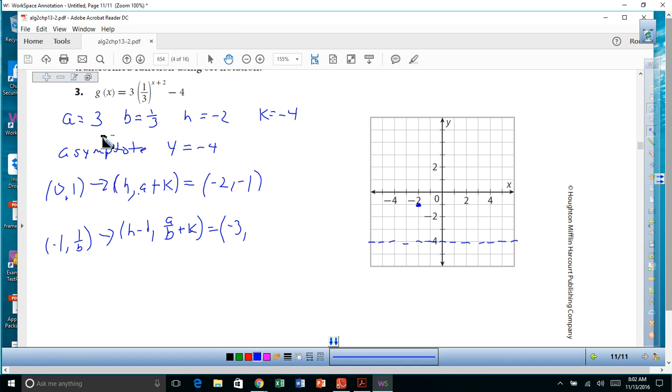And a over b plus k, that's going to be 3 over 1/3 plus -4. So that's going to be 9 minus 4. I get 5. So -3, 1, 2, 3, 4, 5. That's going to be right there. All right, now let's draw.